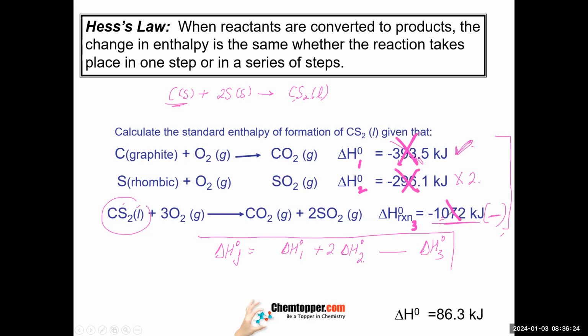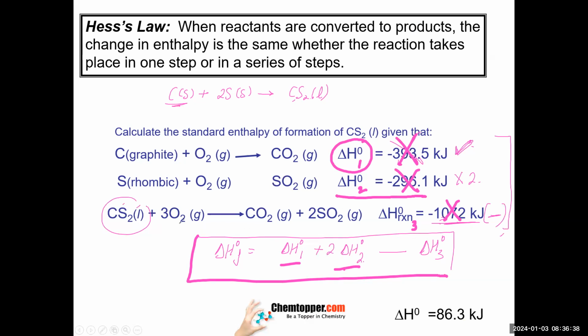They are just citing 1, 2, 3 and asking you to pick the answer. Then you take this equation as such, you multiply the second equation by 2, so 2 times delta H naught 2, and you flip the third equation, so minus delta H naught 3. These options will be there, different options, and you have to pick the right one.